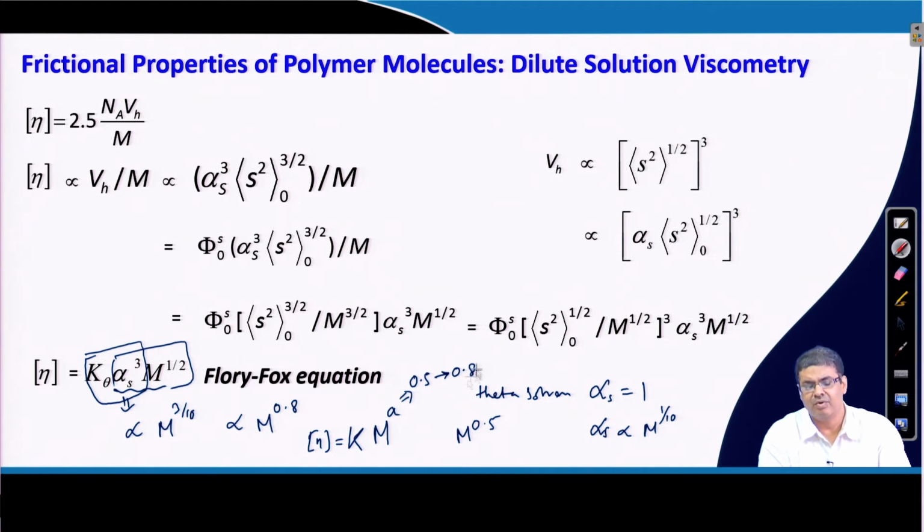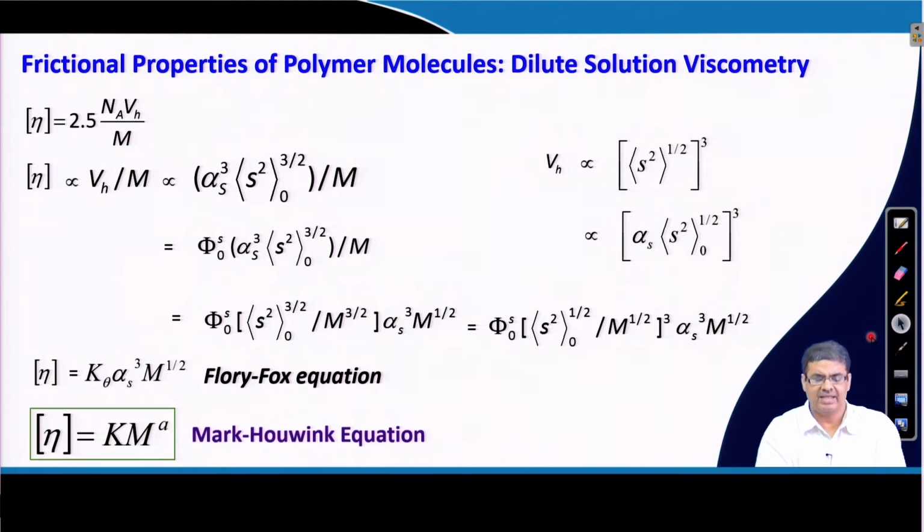Now, it can go beyond 0.8 when the polymers become elongated and rod-like in shape, but which is not very frequently observed in our case. So, the value of a would be between 0.5 and 0.8. This is for the theta solvent, and this is for the good solvent when the polymer coil is expanded, and this expression we call the Mark-Houwink equation.